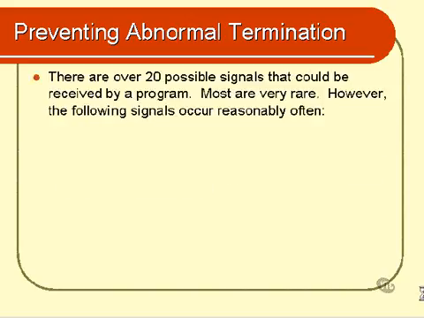So I need to mention the different types of signals that are available. I'm not going to go through all of them because there are a great many and they vary from one Unix to the next. There are typically over 20 of them, and most of them you'll never see in the course of your programming life. But there are a few that do occur reasonably often, and I'll tell you what they are and when they typically come up.